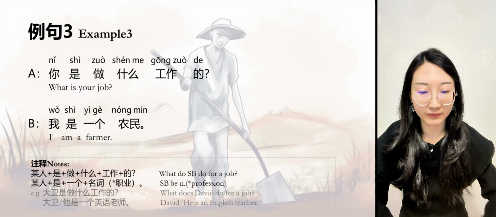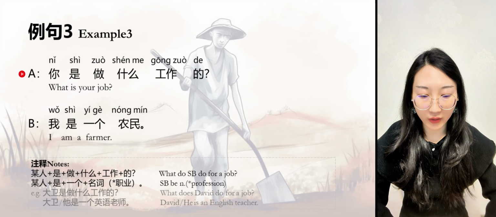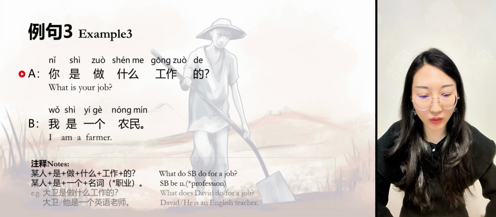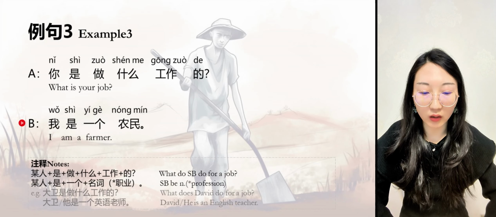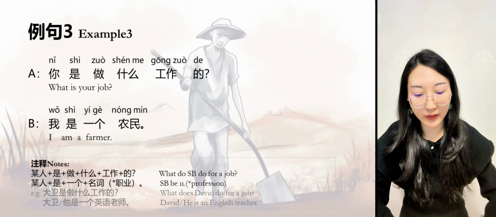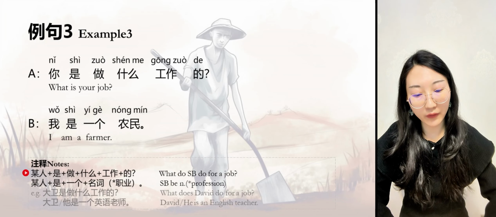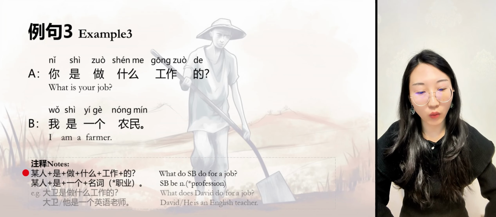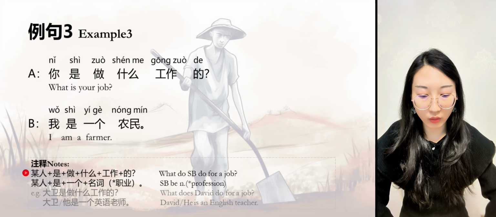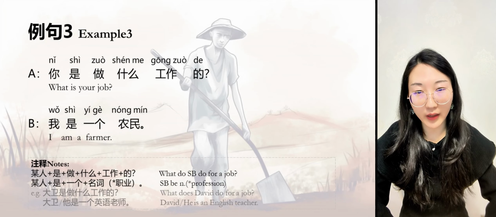So you can read after me now. 你是做什么工作的？我是一个农民。And the structure of the question sentence is 某人 somebody 是 be verb 做 do 什么 what 工作 job 的 auxiliary word. Together it's 某人是做什么工作的。And the answer is in the same structure with the other two answers.